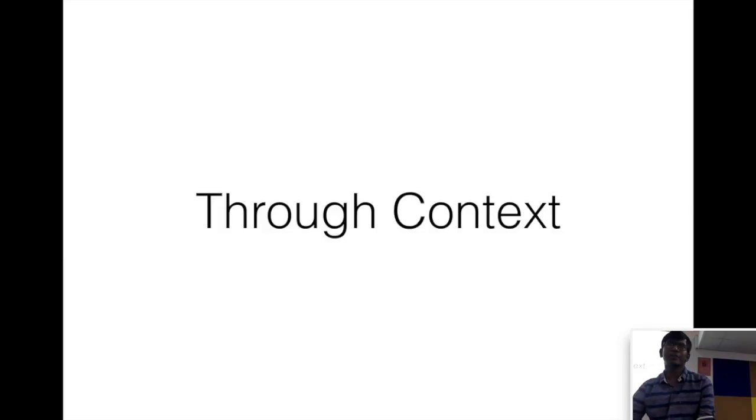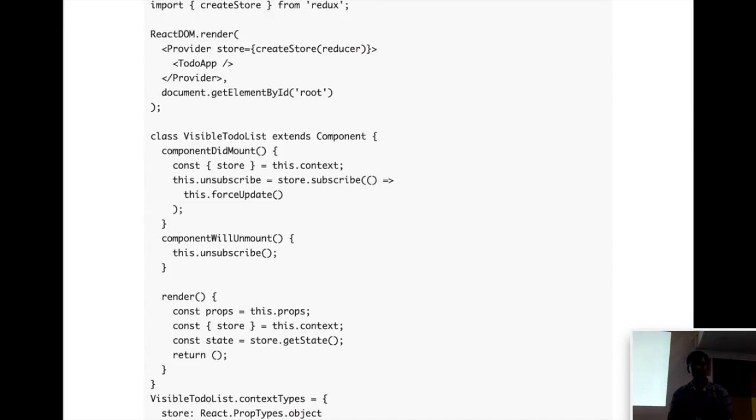That's what I feel. And there definitely is. There's something called context that's provided by React. So as you can see, I'm getting my store from the context. In this, I've also introduced something called provider, that is given by the React Redux package.